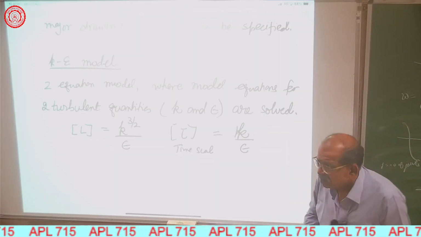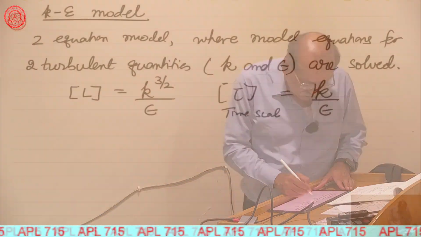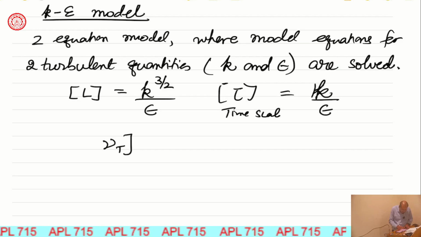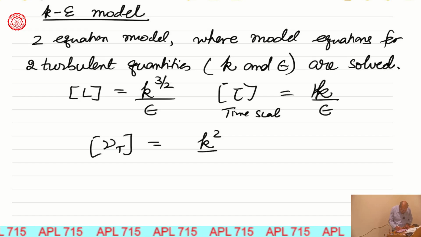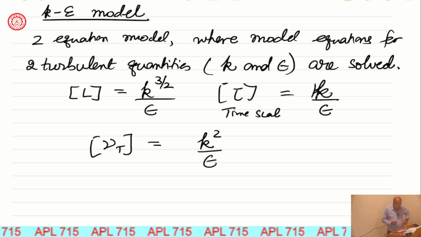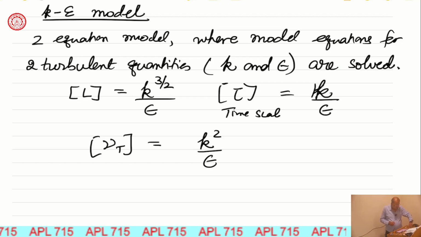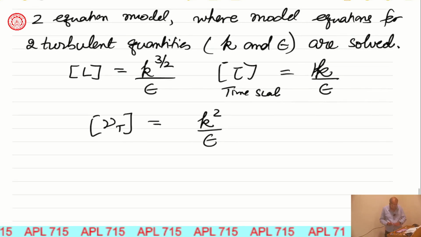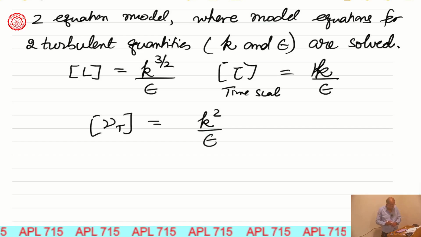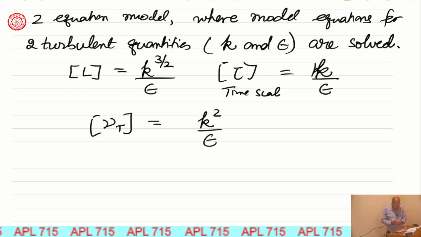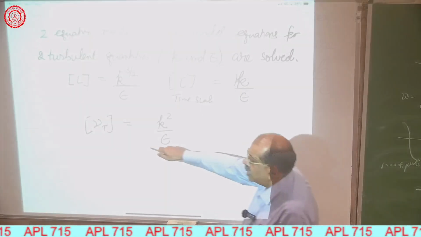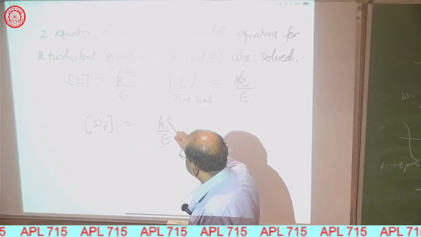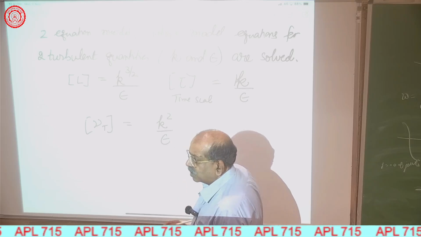So on the basis of these two, the dimensions of nu t will be the same as the dimensions of k squared upon epsilon. So we write nu t is equal to some constant times k squared upon epsilon.